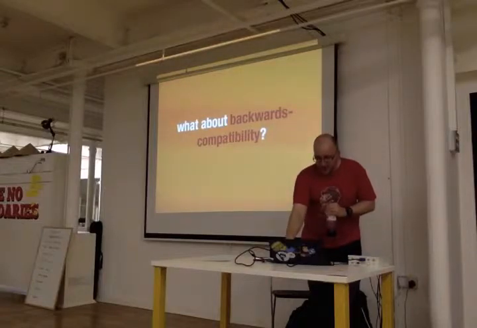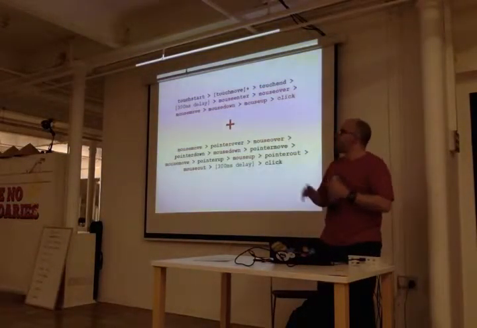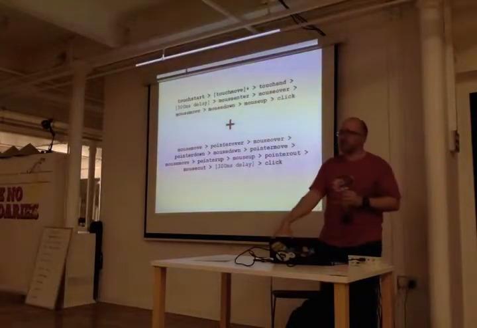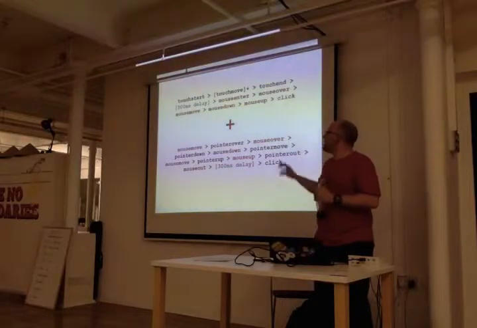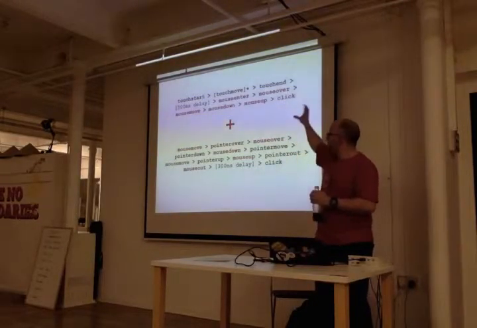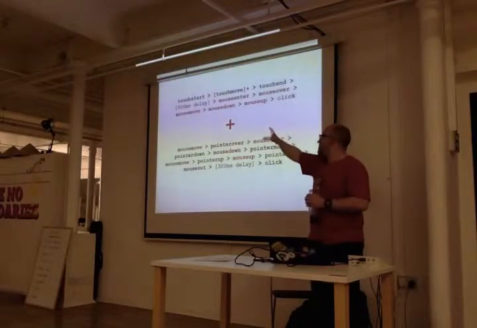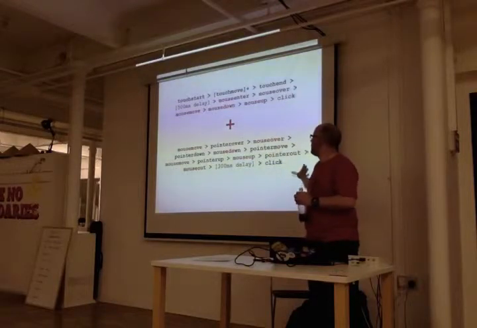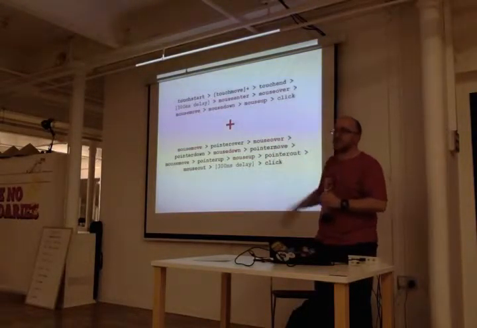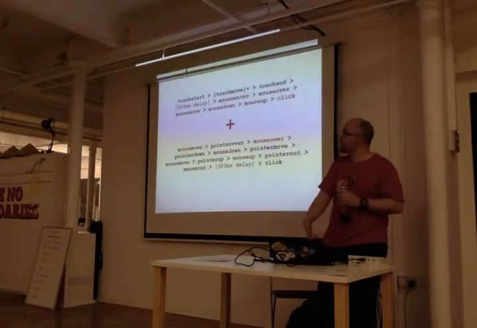There will be some backwards compatibility issues, particularly for browsers that are now supporting touch events. Will they also support pointer events, and how will that work? That's an interesting question at the moment because, as I said, the whole event model is different, where the delay happens is different in these two models. The whole sequence of when the mouse events are being fired is different. That's still being discussed, particularly for browsers like Chrome that currently do support touch events.